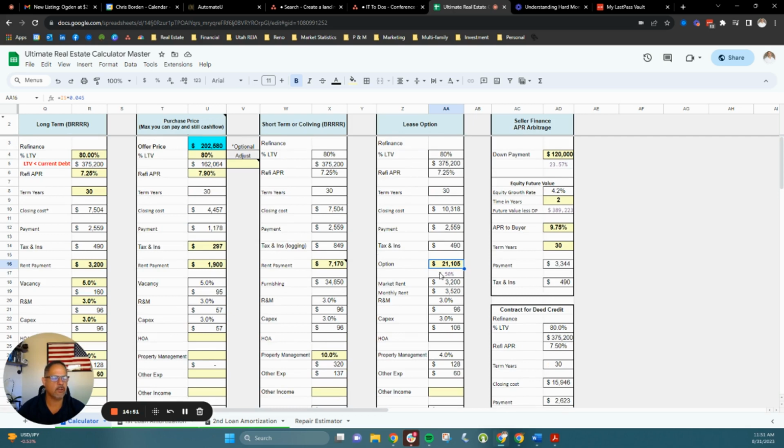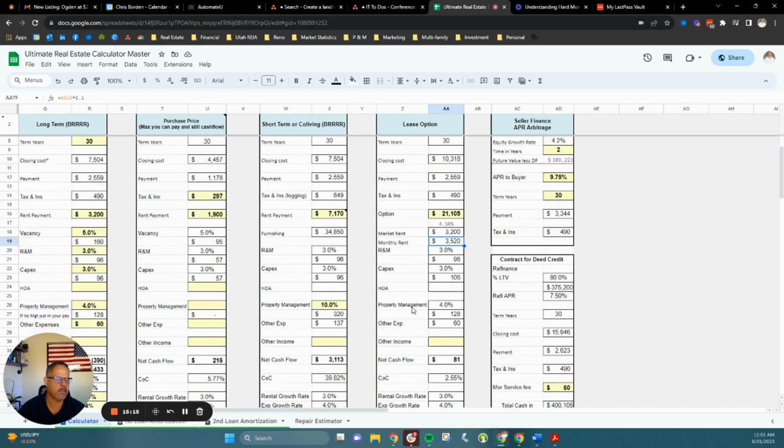Normally it's not going to adjust, so the rents are going to be your market rent, whatever you put in the BRRRR section. It's a little different from short-term rental, but it is going to calculate a slight increase. It assumes you can get a slight increase over your market rent if you're allowing them to purchase the property on a lease option.